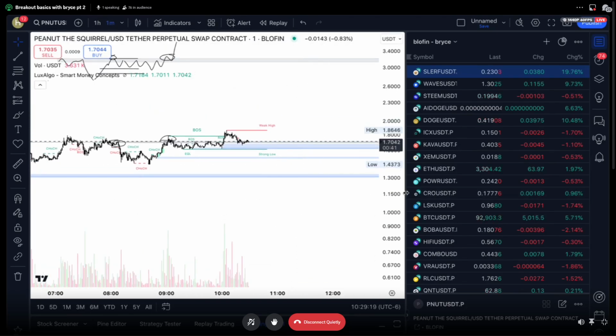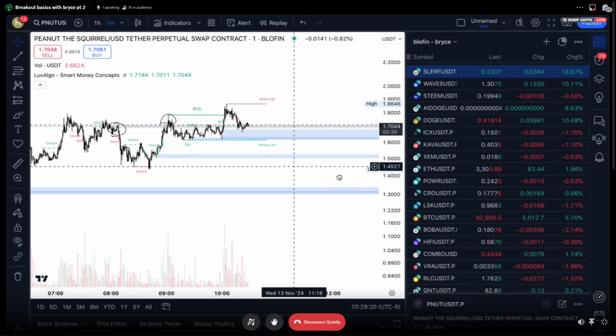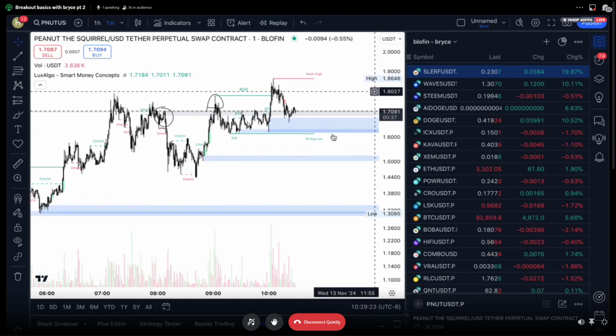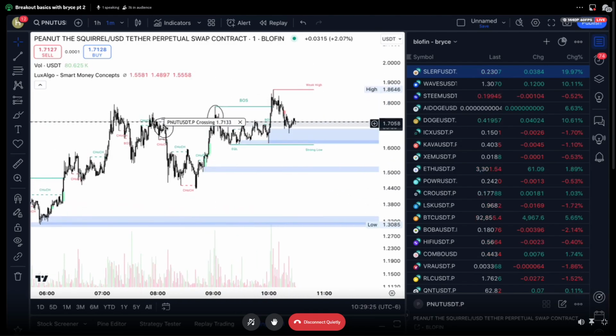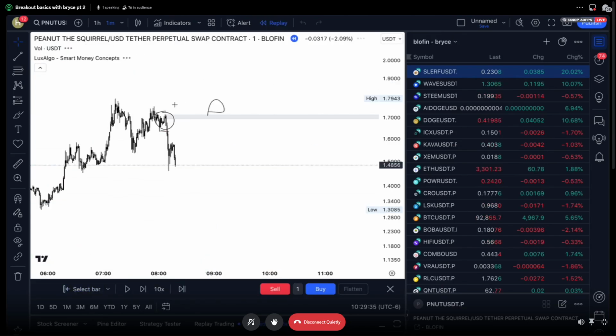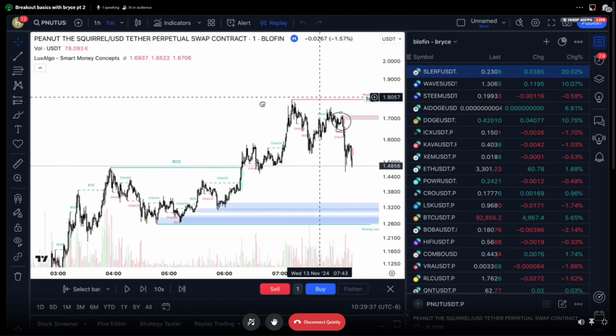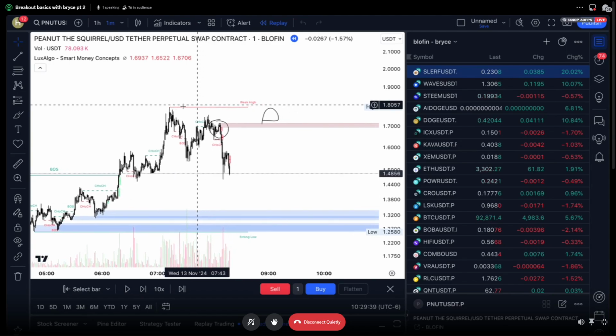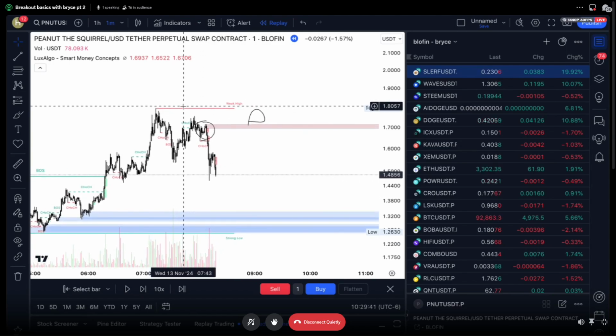So Peanut, this was the last opposing candle. This was the last opposing candle before we got our market structure shift to the downside. So that's our supply. And like I said, if we go back, lo and behold, sure enough, the indicator overlaps with it. Trust me when I say I can vouch for full efficacy of this.